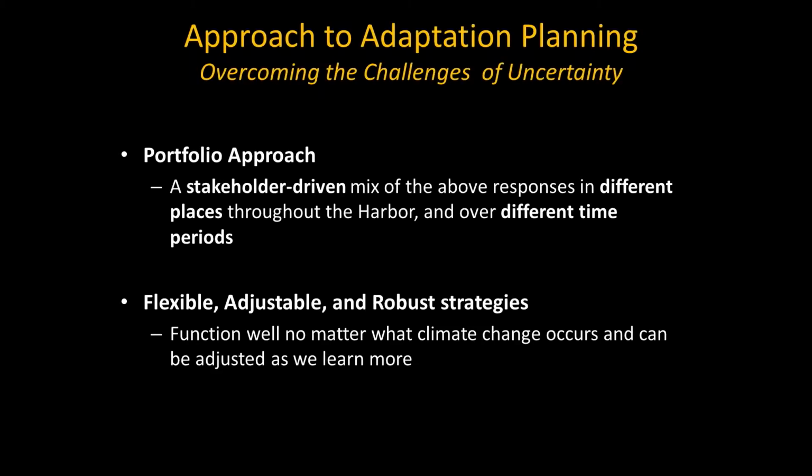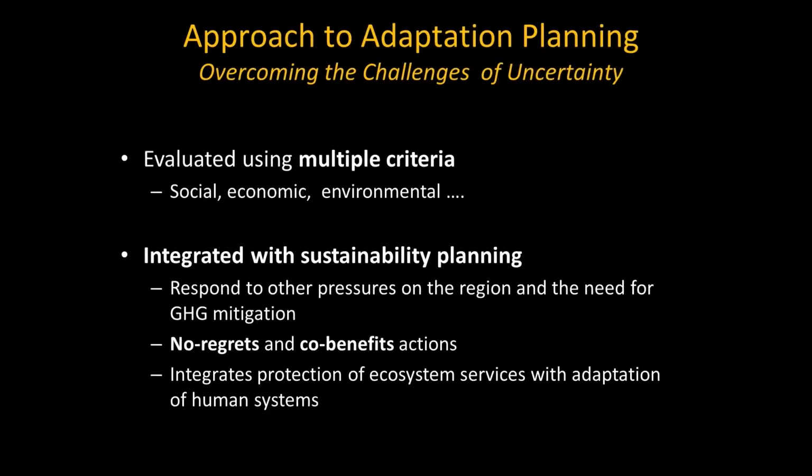So we need to be able to respond both in different locations as well as over different periods of time, and we need to include all the stakeholders. We need adaptation options that are flexible, adjustable, and robust so that no matter what happens in the future, the solutions that we implement are solid.